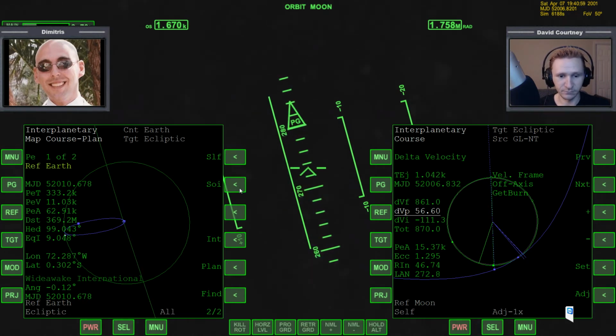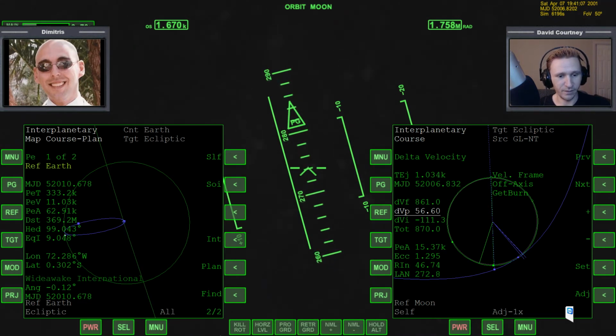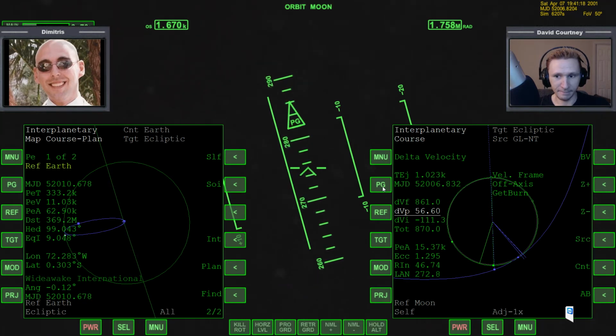No, not really. You may see a very slight change over here, but the prediction's pretty accurate. Okay, that's great. So then I believe it's just PG, BV, AB. Yes. Just have the linear translation already pre-selected, so you will use it once the burn is done.